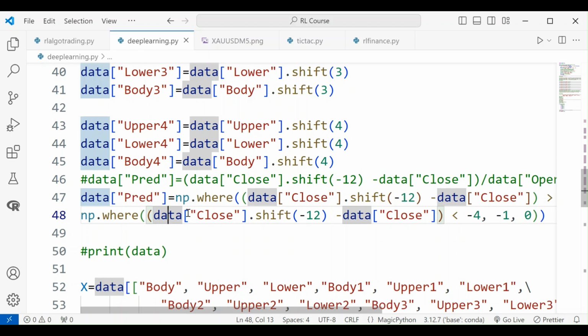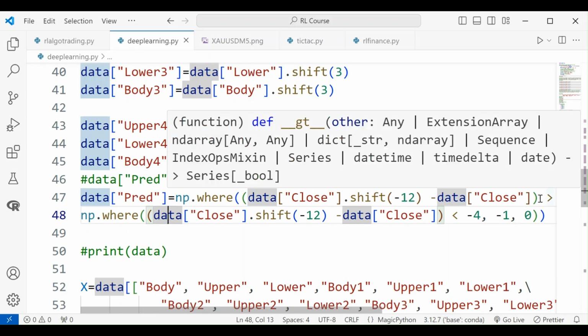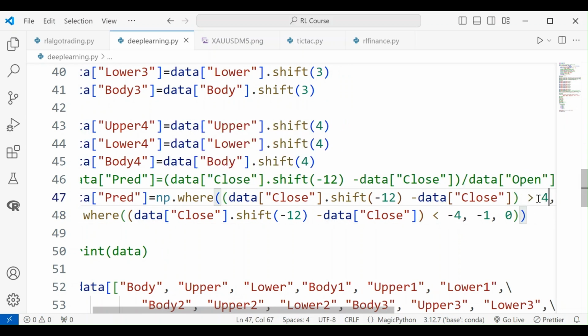So what I do is I have now changed my output column. Predict: np.where(data.close.shift(12) - data.close > 4), meaning if the price moves by more than $4, then I should buy. This is my criteria.